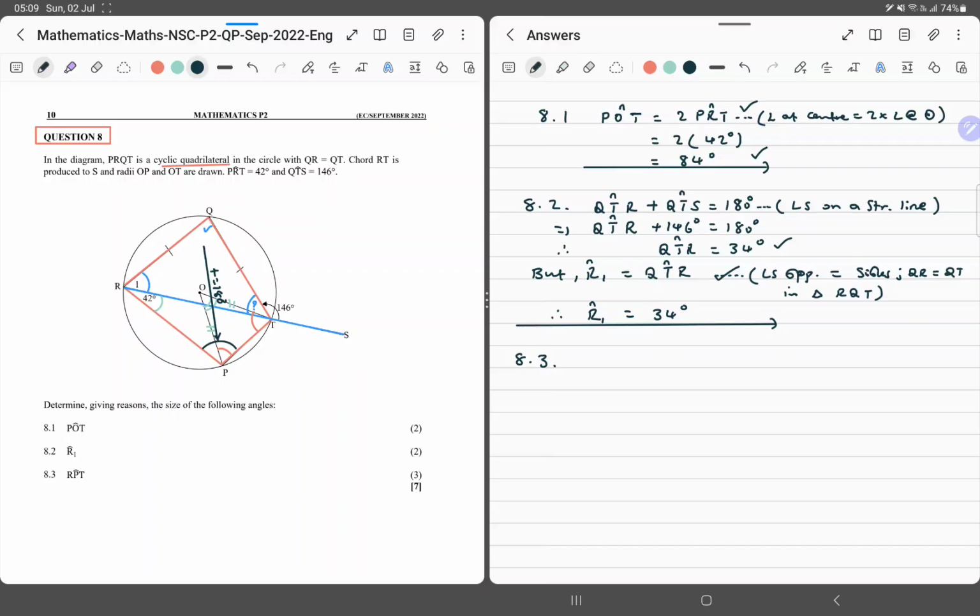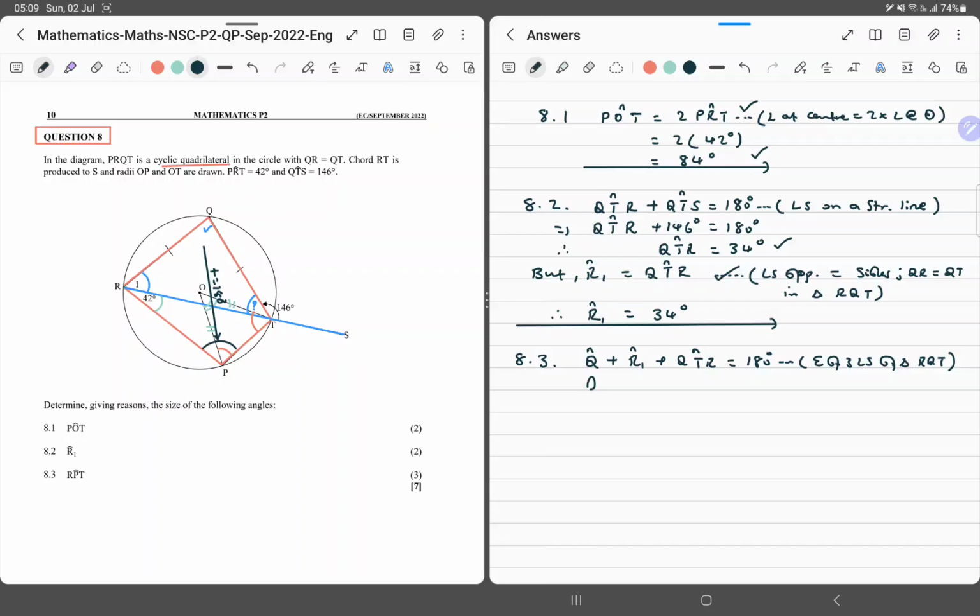Fine. We know that technically angle Q plus angle R1 plus angle QTR is equal to 180 degrees. Again, this is sum of 3 angles of triangle RQT.